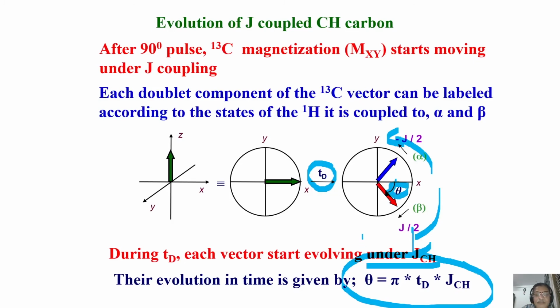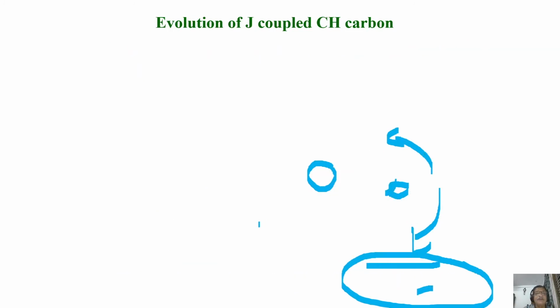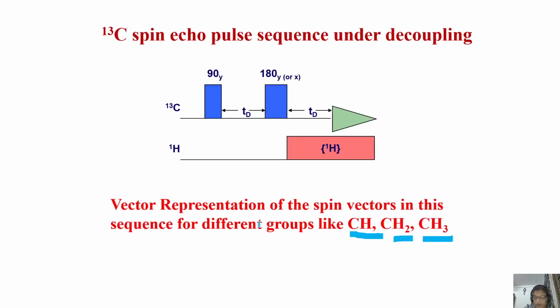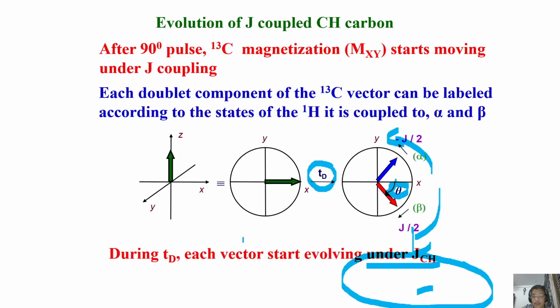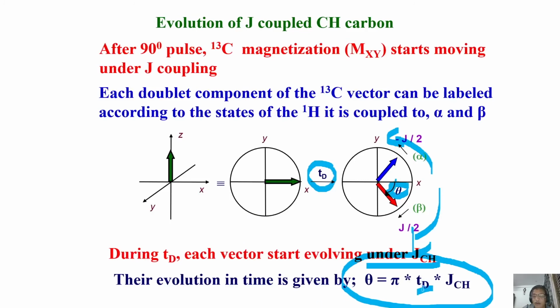It depends upon three factors: pi, the delay, which is how much time you have waited in this pulse sequence, and the strength of the coupling. Depending upon the strength of the coupling and the time for which you have waited in TD, I can calculate how much these vectors have moved.